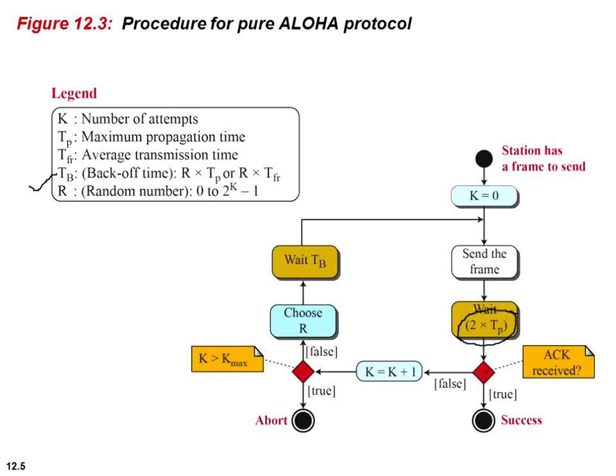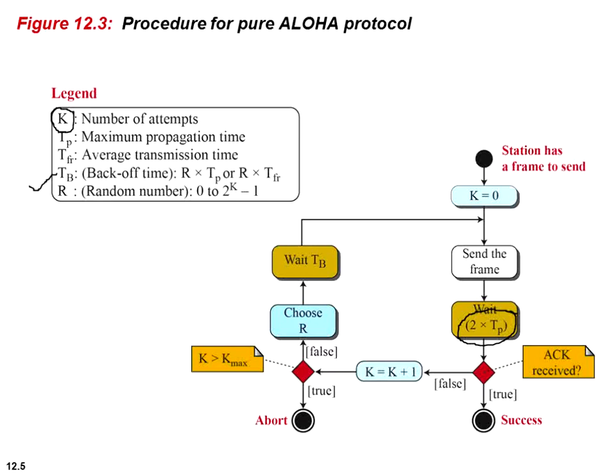The back-off time, that is TB, is a random value that normally depends on K, and K is the number of attempts, so the number of attempted unsuccessful transmissions.